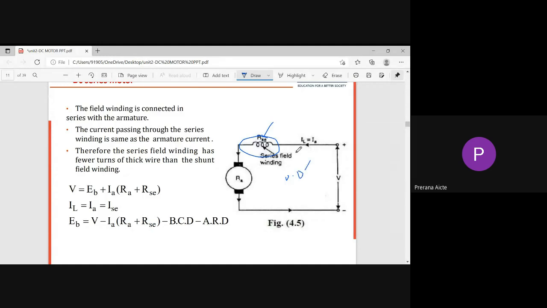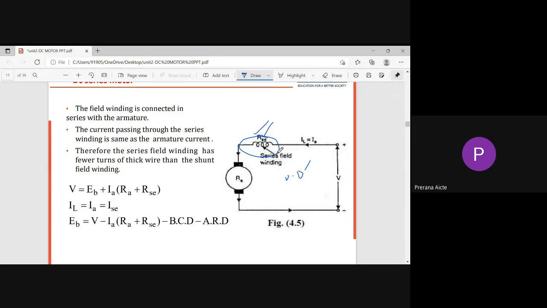Why? Because the series field winding is in series with the armature. When current flows through it, if it has more resistance, more copper losses take place and the efficiency of the machine becomes less. It also carries more current, so it needs thick wire.